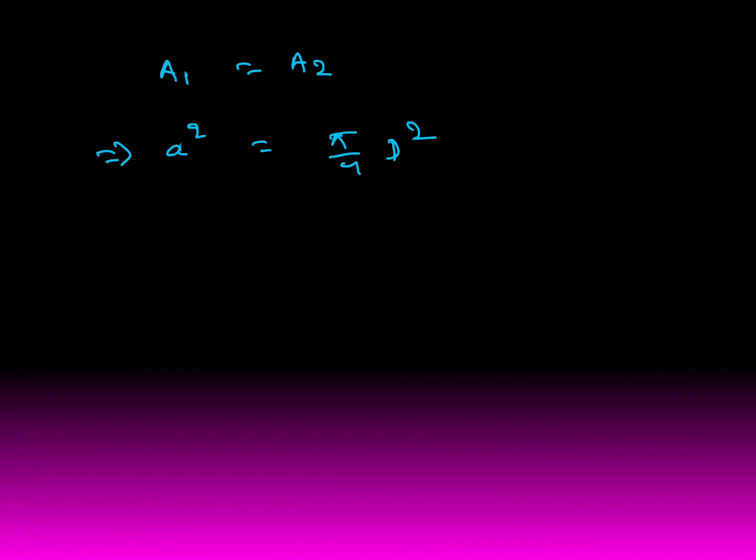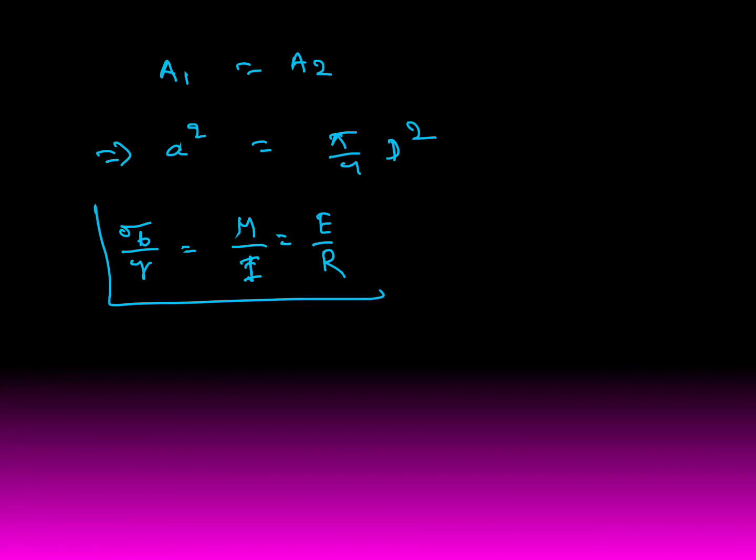We will use our bending formula, sigma B by Y maximum equals M by I equals E by R. In this question they directly ask I1 by I2, so this formula is not required. Directly you can use the moment of inertia formula.